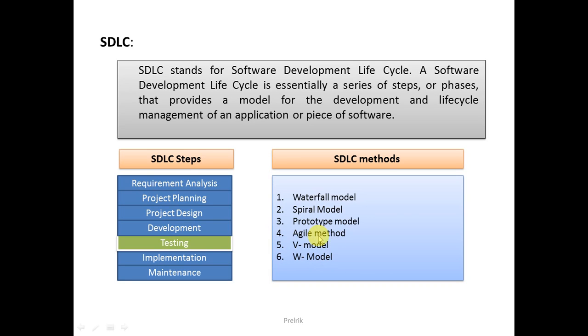There will be a separate video for agile methodologies and how to work in the agile model, and I'll explain the V and W models in the further slide. Agile is basically a part of the spiral model, so once I explain the agile model, it will also cover the spiral model. And the prototype model is nothing but a different or customized model, and we use it as a blueprint. Okay, so let's go to the further slide.